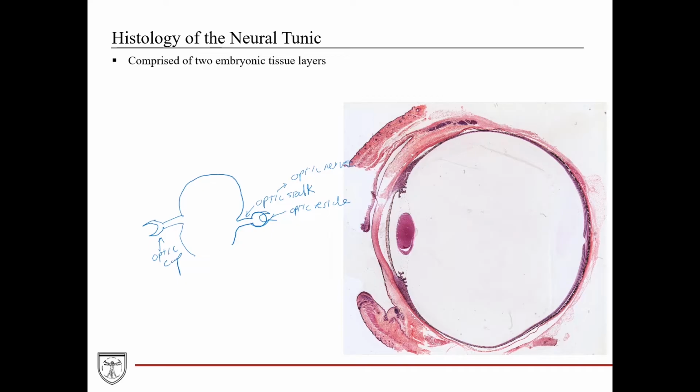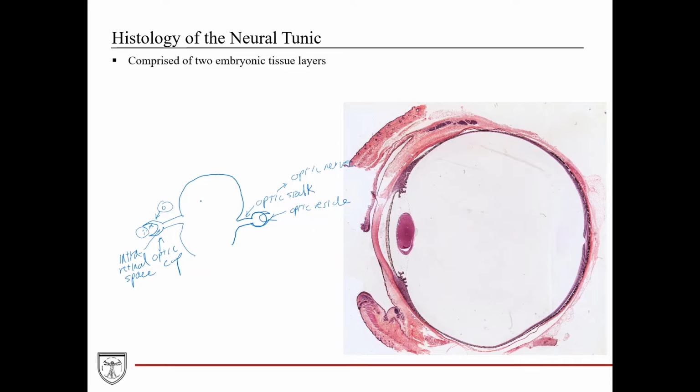And at this point, we can see that there are two tissue layers comprising the optic cup, the outer and inner optic cup layers, that are now separated by a little bit of this fluid-filled cavity called the intraretinal space. And it's the outer and the inner optic cup layers that are giving rise to the neural tunic.